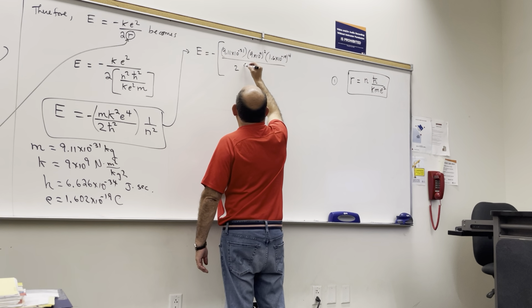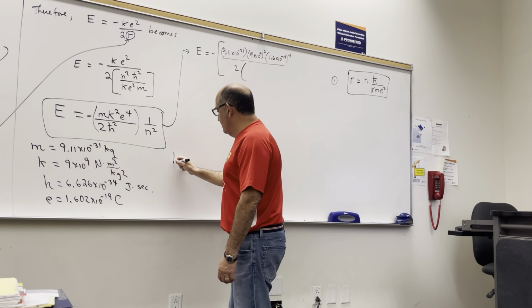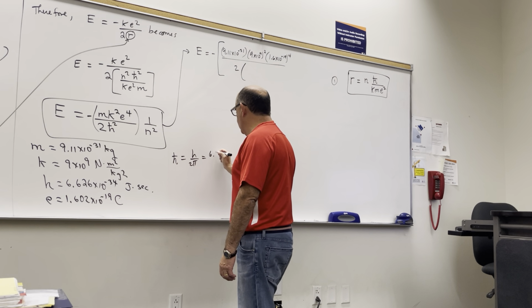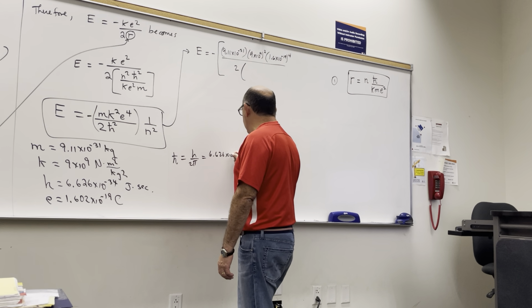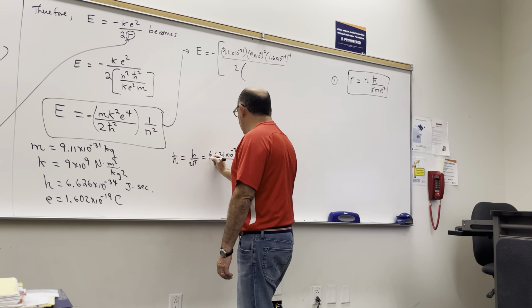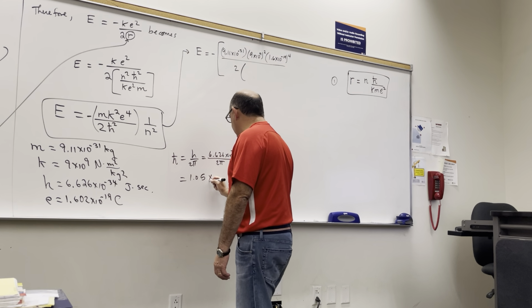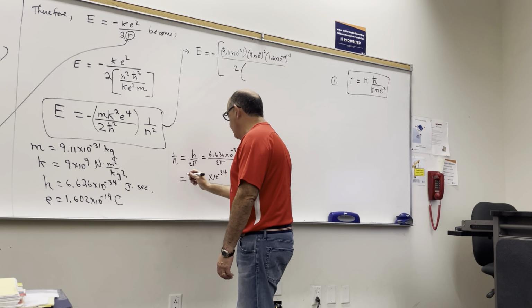So h bar is 6.626 times 10 to the minus 34 divided by 2 pi. I think this is like 1.05 times 10 to the minus 34.